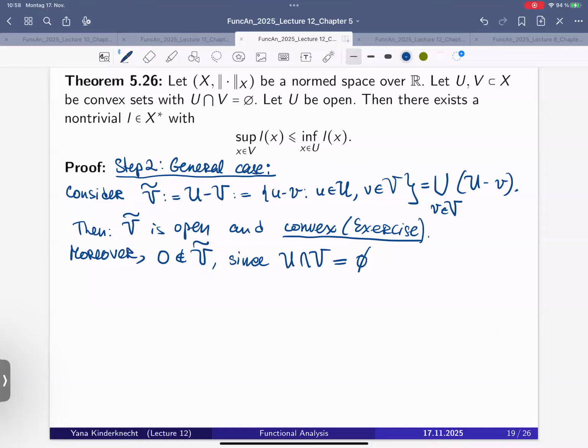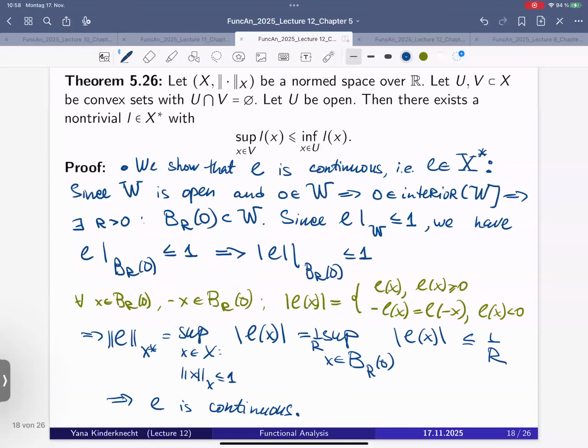Yes, of course. Okay, by step one, there exists a continuous linear functional L such that L restricted to this W tilde is bigger or equal to zero. In step one, we had, so what did we have?